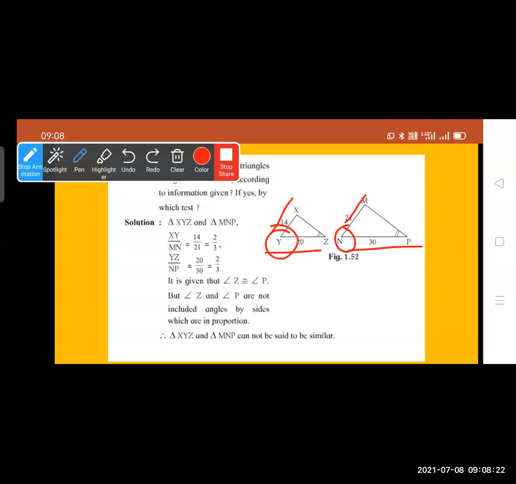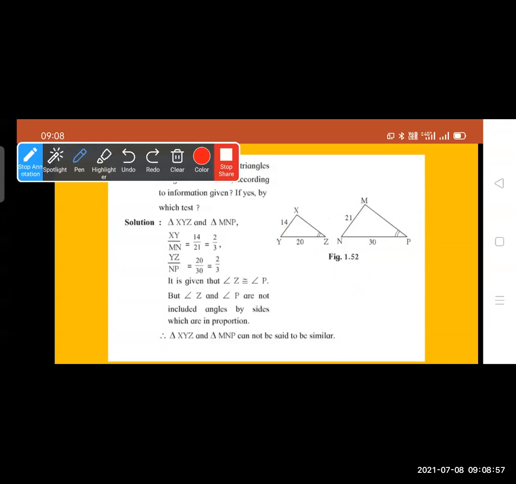But the given angles are not included by the proportional sides. That's why we say that these two triangles cannot be shown to be similar.